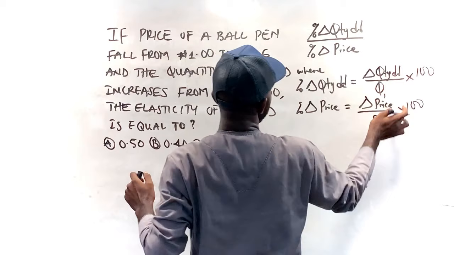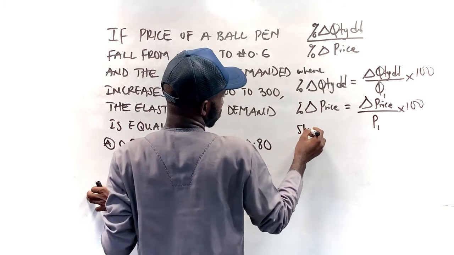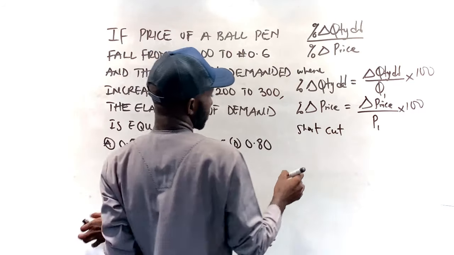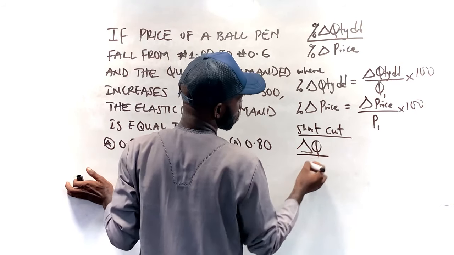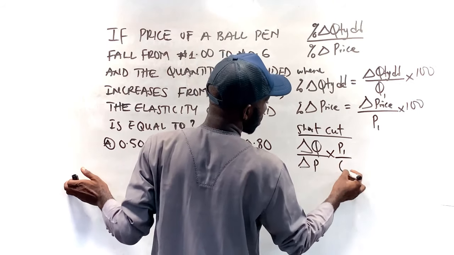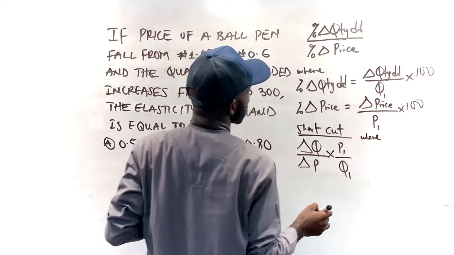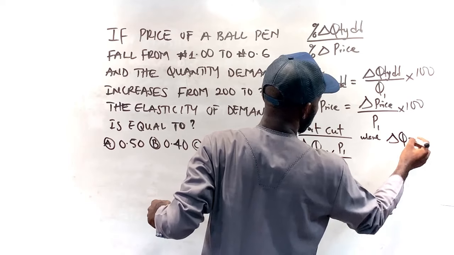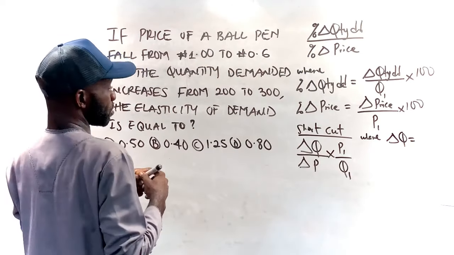Now, if you substitute this, you arrive at a shortcut that we have stated in our video for price elasticity of demand, which says we should go straight to use change in quantity over change in price times first price over first quantity, where change in quantity is equal to the difference between the quantity values.